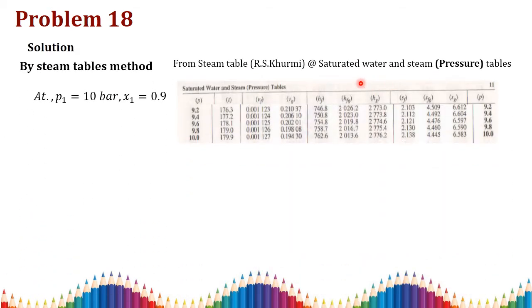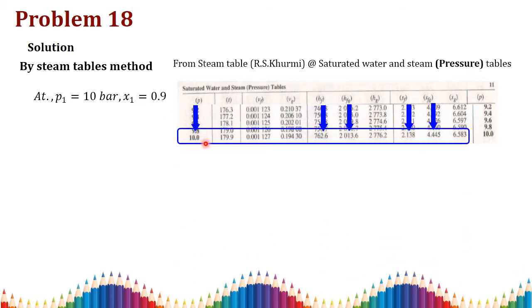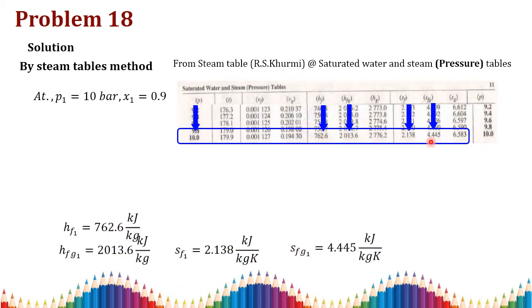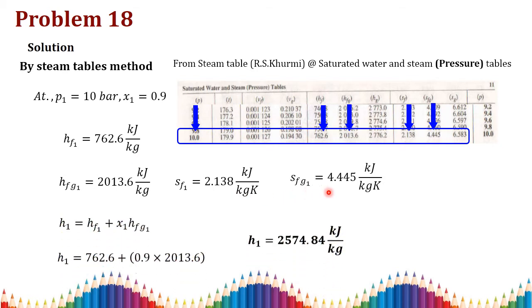First we have to solve using the steam table method. The given pressure P1 is equal to 10 bar, and as we all know it is a wet condition, x1 equal to 0.9, so we can directly take values from the saturated water and steam pressure table. At pressure P1 equal to 10 bar, you take the HF, HFG, SF and SFG values, that is HF1, HFG1, SF1 and SFG1.